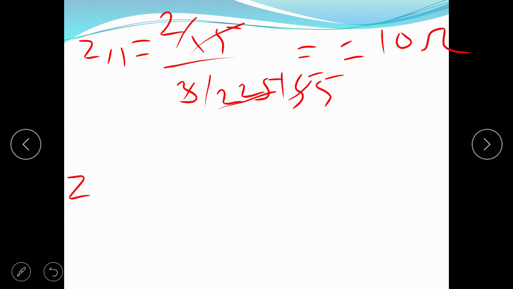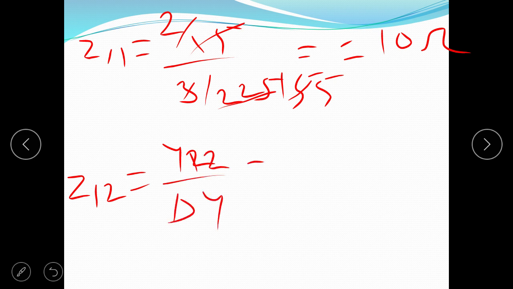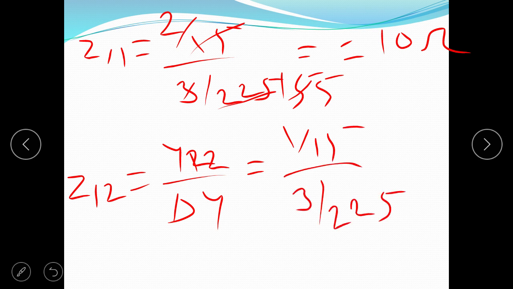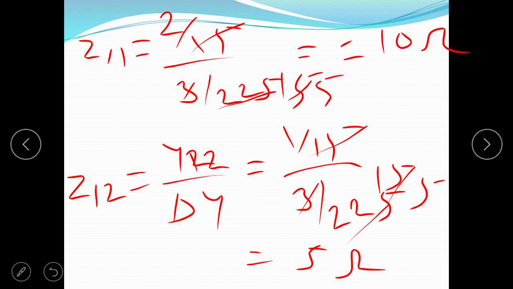Similarly, Z12 is equal to Y12 upon del of Y. This is equal to 1 upon 15 divided by 3 upon 225. So 15, 5. So its value is 5 ohm.